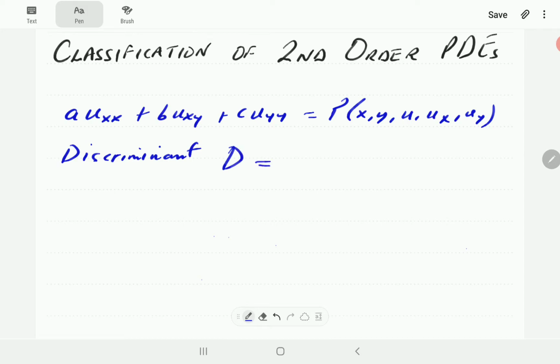Discriminant D is B squared minus 4AC, just as in quadratics.